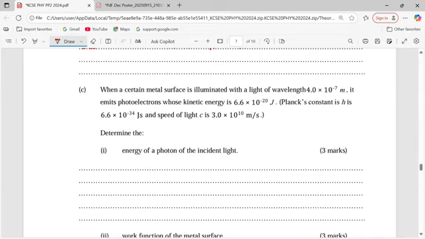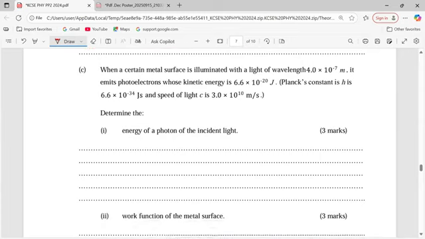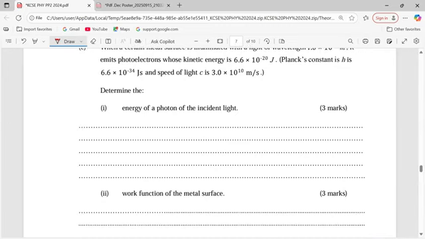as 6.6 times 10 to the power of negative 34 joule seconds, and speed of light as 3.0 times 10 to the power of 10 meters per second. Determine part 1, the energy of the incident light.